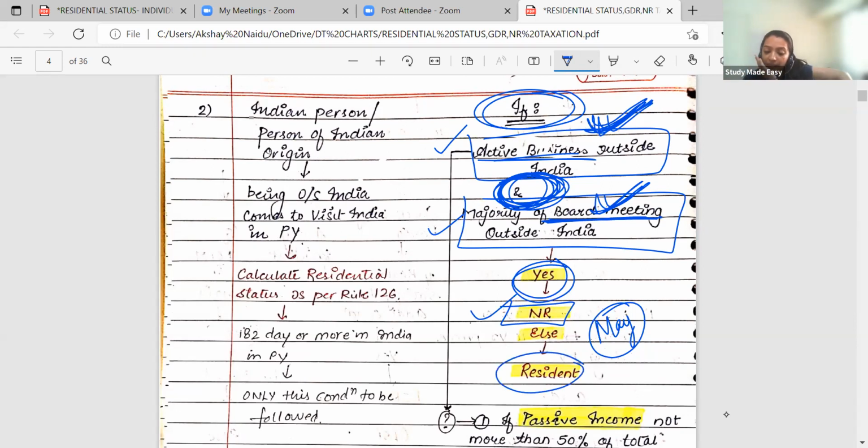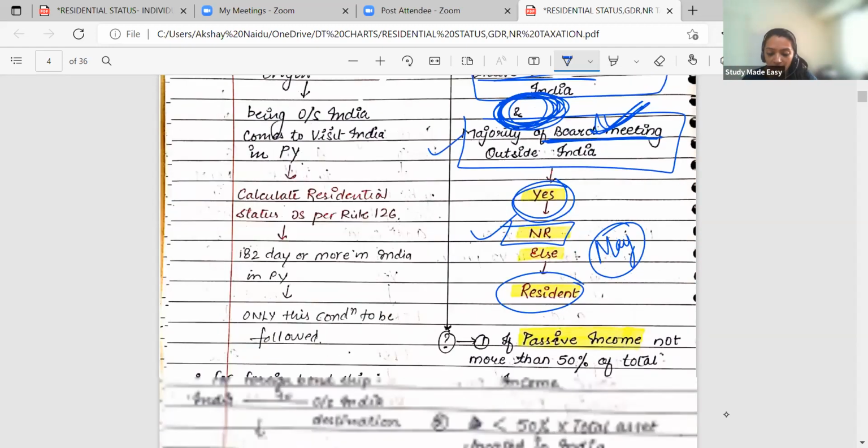But how will I identify whether it is active business or not? First of all, to check whether a foreign company is resident or not, you have to check whether POEM is in India or outside India. In order to check POEM, you are checking two conditions: active business outside India, and majority of the board meetings outside India. Now to check the active business, you have to check all these four conditions.